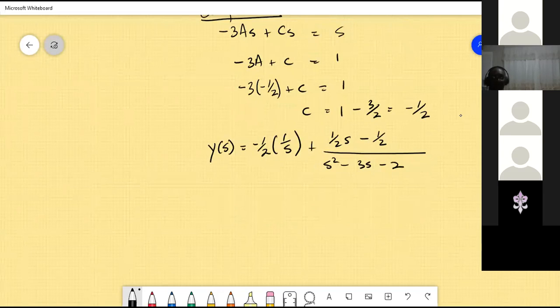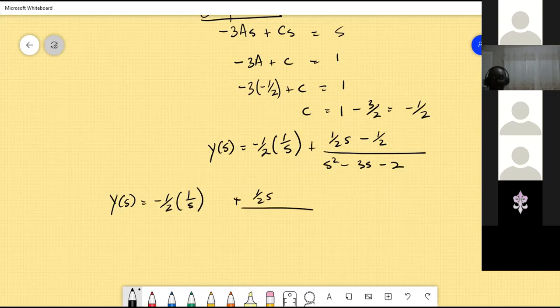All right, so let me get the Laplace transform table. Before that, we will complete the square in this. So put it over here. Ys is equal to negative a half, 1 over s, which we know what that is, plus half s over s squared.